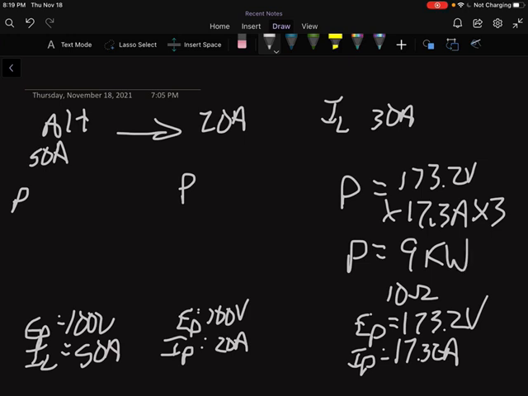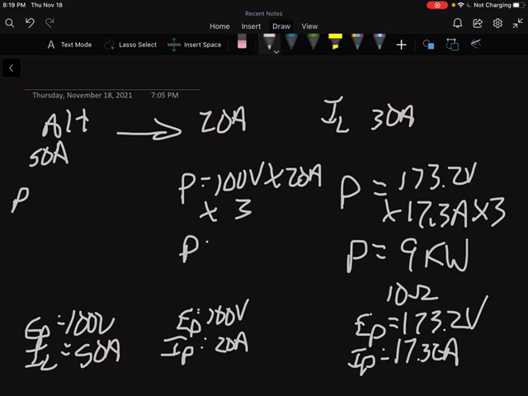At load number 1, we have our E phase is 100 volts times 20 amps times 3. So 100 times 20 times 3 is 6,000.